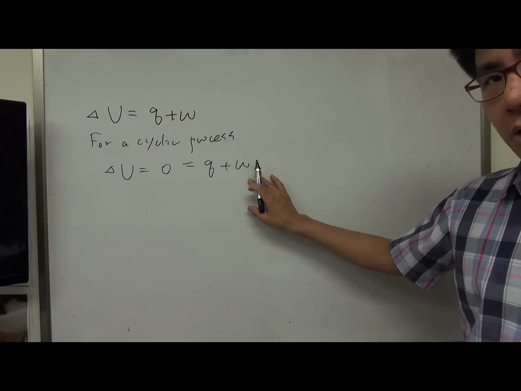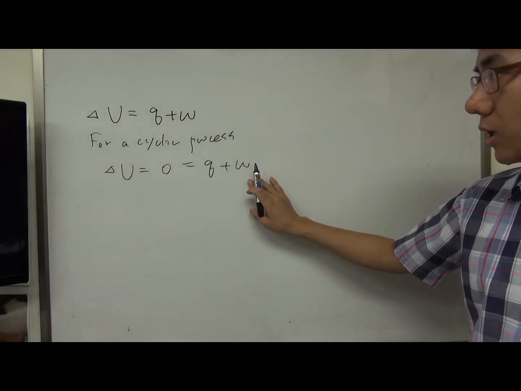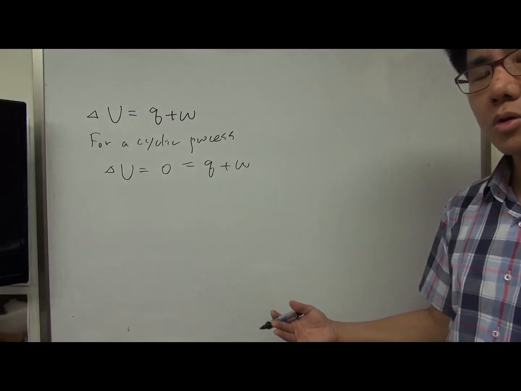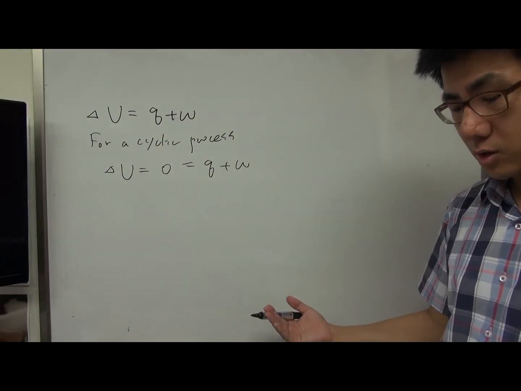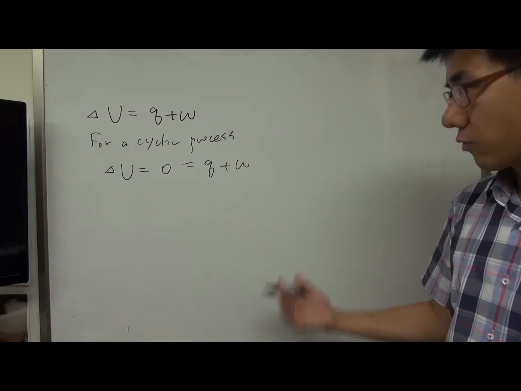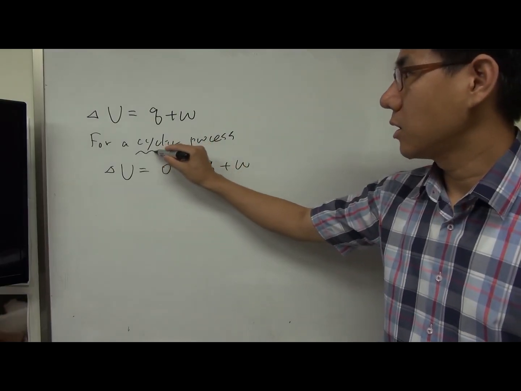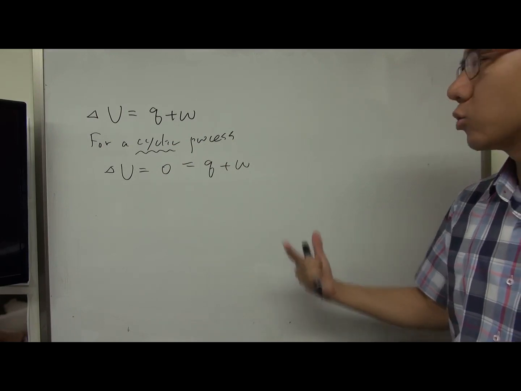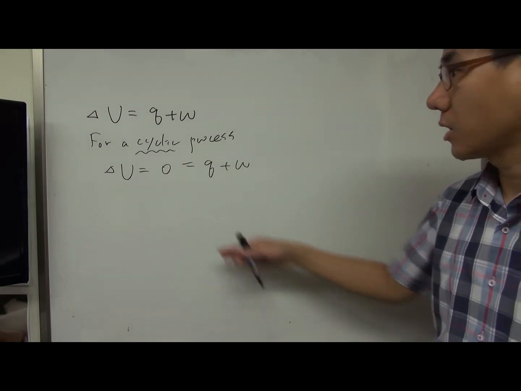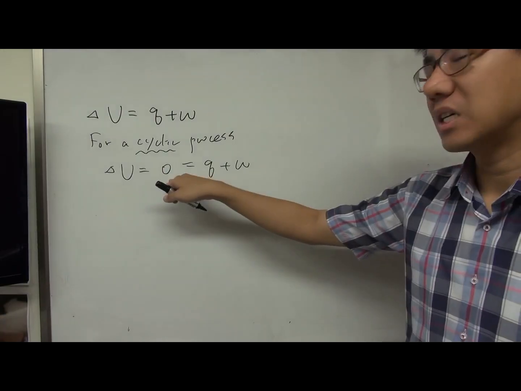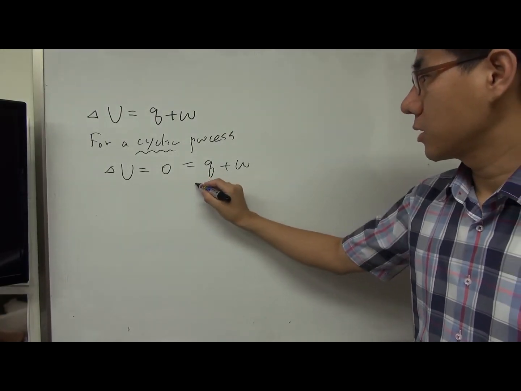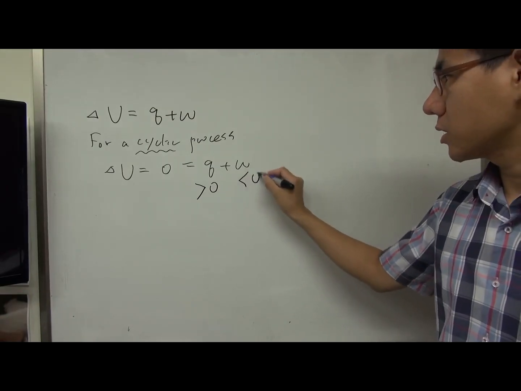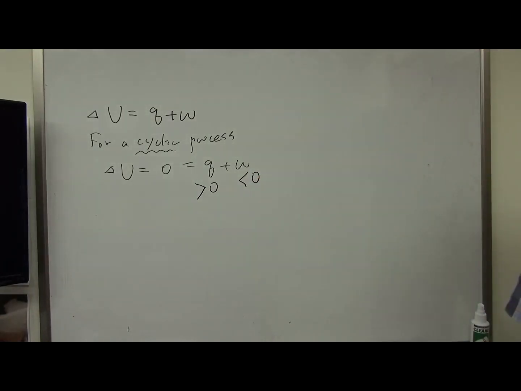This result suggests that there could be a certain tool or instrument that runs in a cycle and converts heat into work, which means that since Q plus W is 0, if Q is positive, then W is negative. Okay?